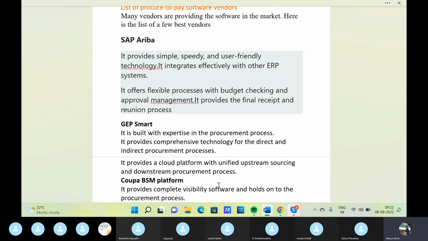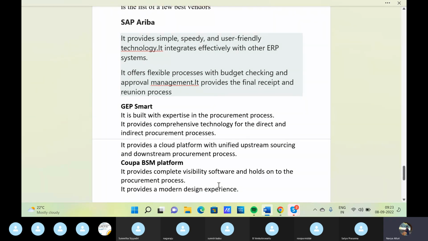It is an important technology, integrated with ERP systems, flexible with budget checking, and it provides management approvals, financial reports, and reconciliation process. All of this makes the process easy in SAP Ariba.